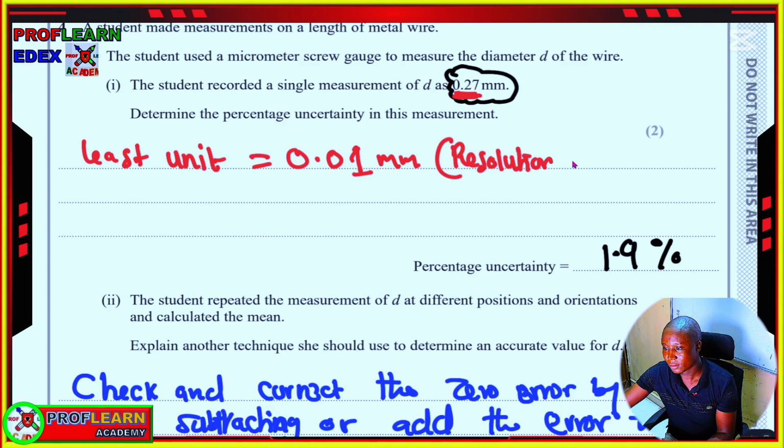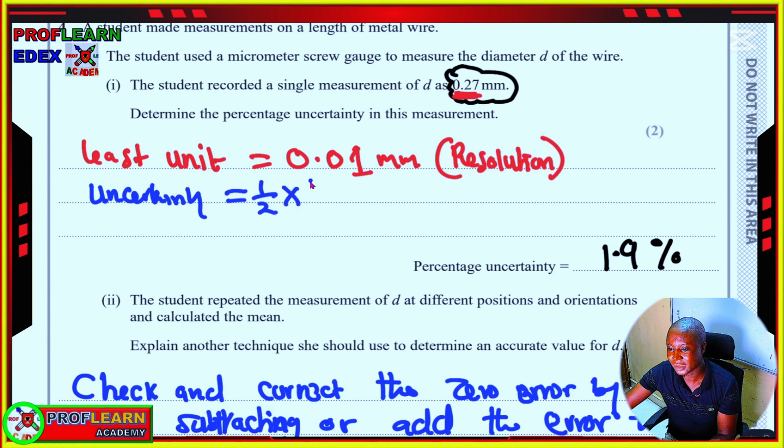Are we together? So it means the uncertainty is equal to half times the least unit. This is what you are going to do, or half of the resolution.